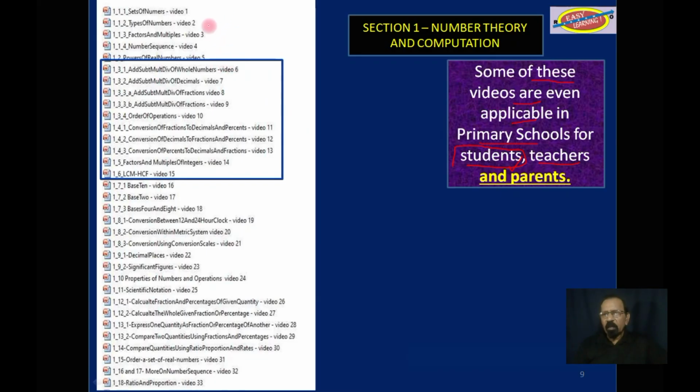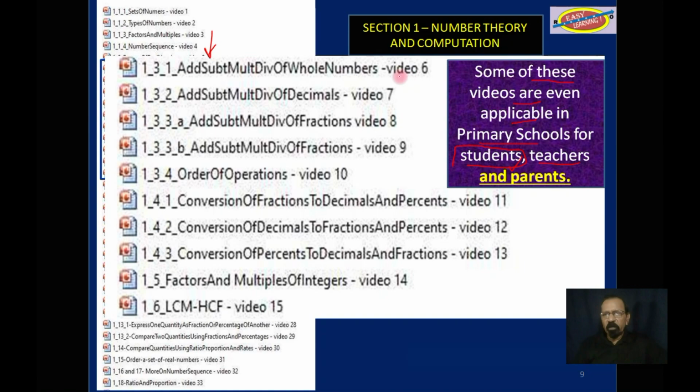For example, if I expand this blue box up here, you will notice video 6 says add, subtract, multiply, and divide whole numbers. That is work done in grade 3 of the primary school. And then video 7 says add, subtract, multiply, and divide decimals.